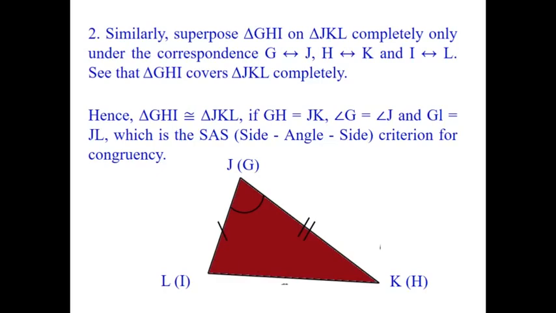Hence, triangle GHI is congruent to triangle JKL if GH is equal to JK, angle G is equal to angle J and GI is equal to JL, which is the SAS or side angle side criterion for congruency.